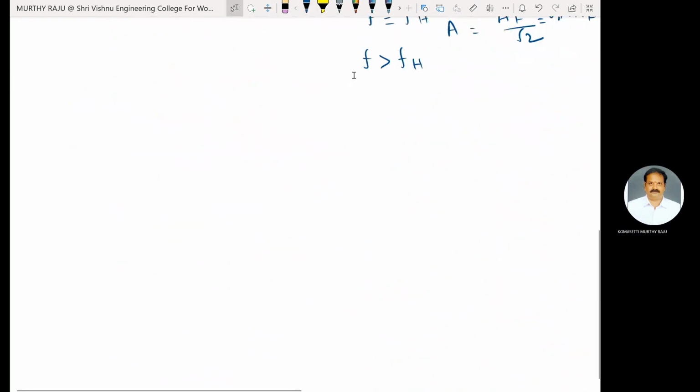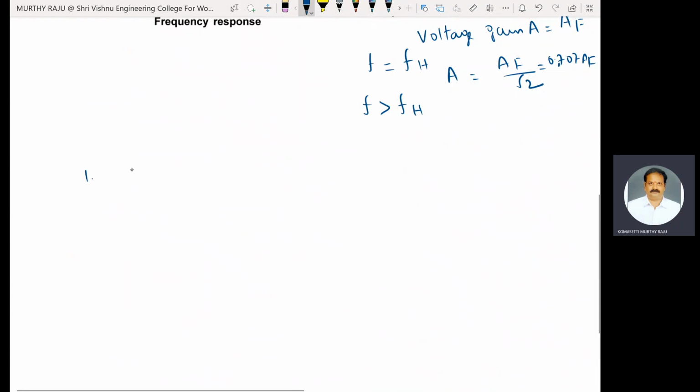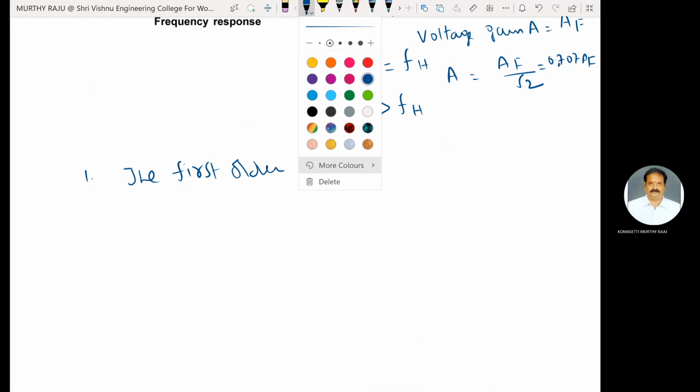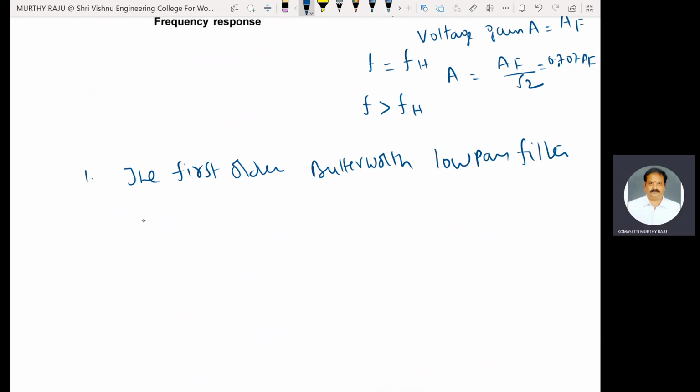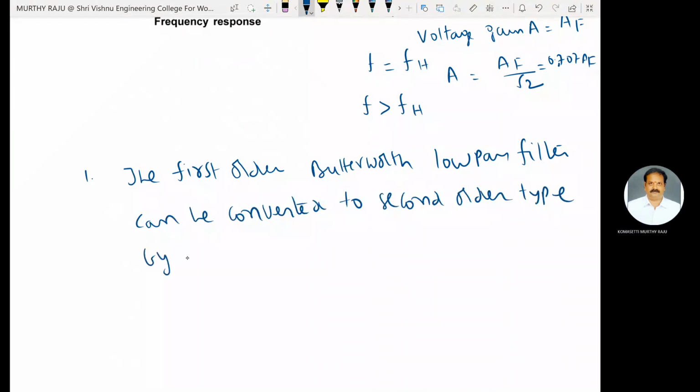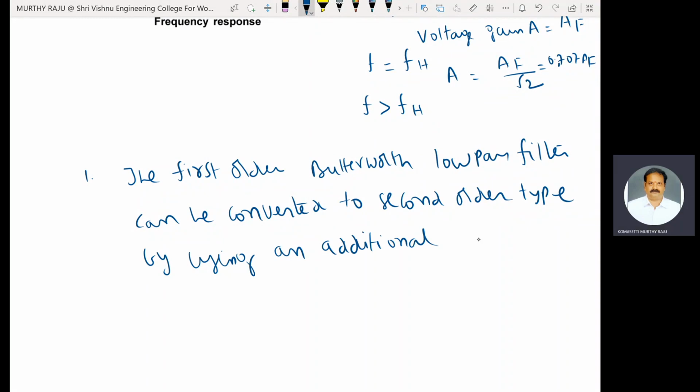Next, coming to analysis. Some more important points here: the first order Butterworth low pass filter can be converted to second order type by using an additional RC network.